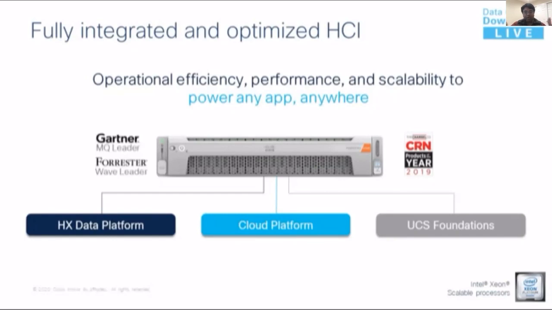Think of it like a cloud in your premise, or a private cloud, completely enabled through a software-defined architecture. This is a market-leading platform. It's been ranked as a leader in the category by both Gartner and Forrester, and at the end of last year, CRN ranked HyperFlex as the number one hyperconverged product in the world.